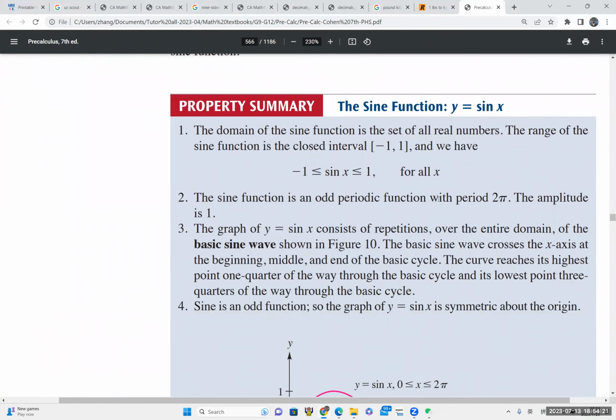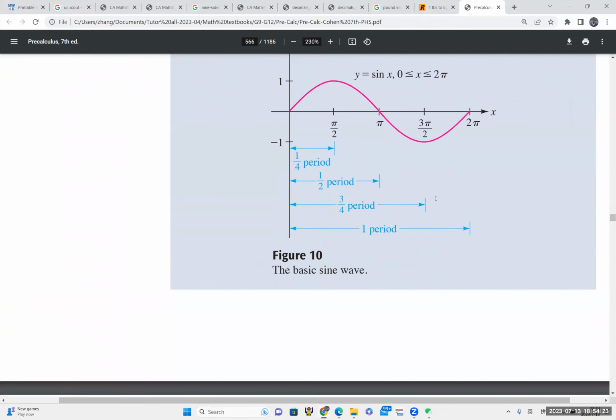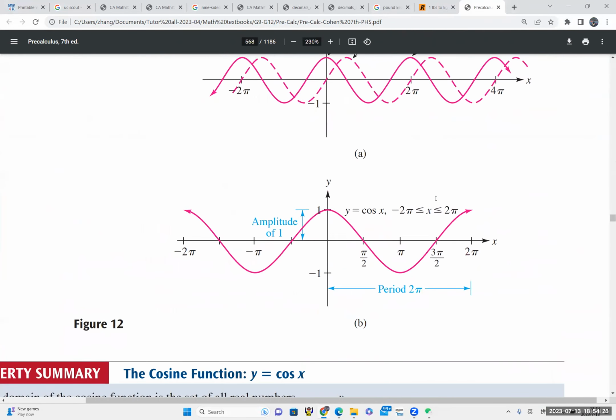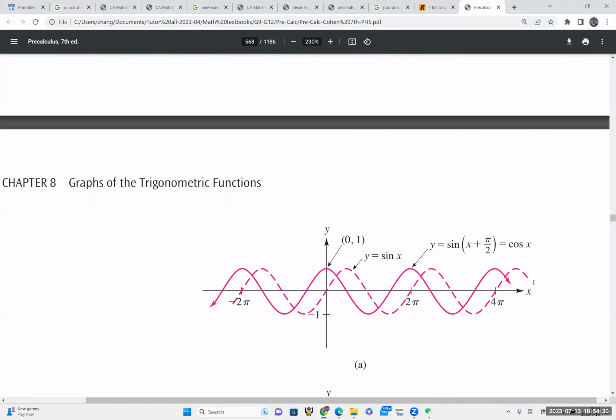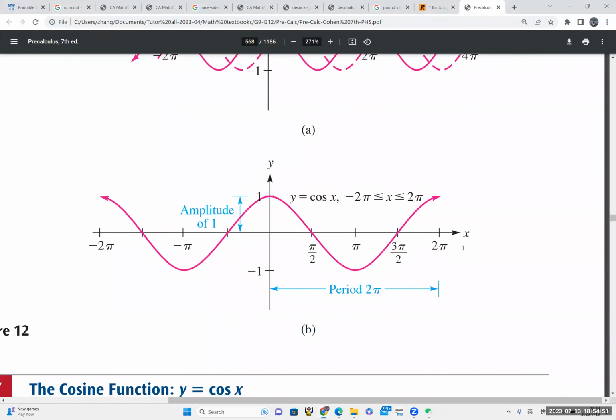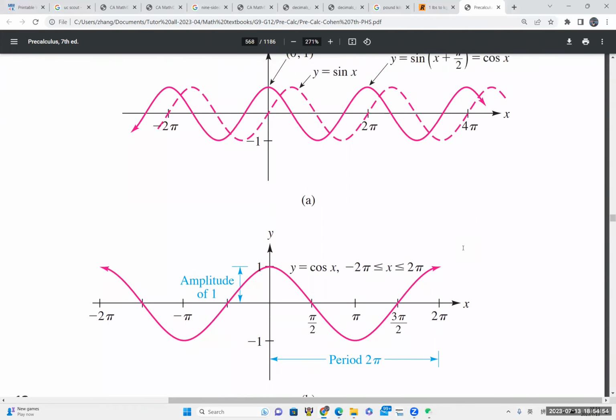Property. Then this is called a transformation, right? If this is sine x, then x replaced by x plus pi over 2 moves the graph left pi over 2 units, which is cosine, right?